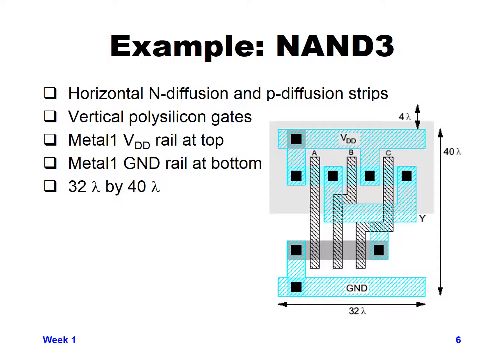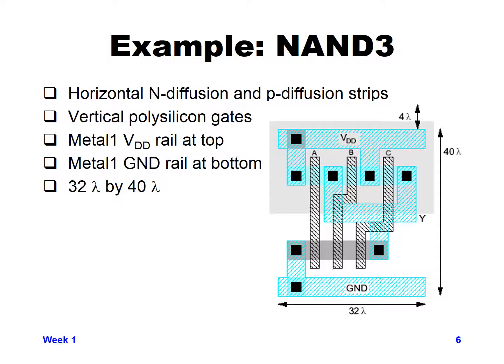Then you need the distance between the N well and the NMOS N plus diffusion. And then after that, you need a P plus contact to your substrate at the bottom, and add all that together, and it gives you the minimum distance for the vertical distance of your cell.